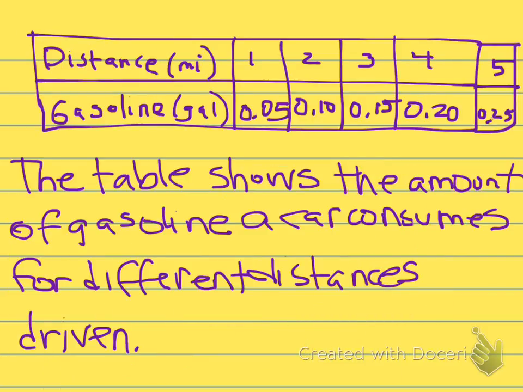And now we're going to graph this, I believe, and make an equation. Actually, maybe just an equation. But this is a table that shows the amount of gasoline the car consumes for different distances driven.